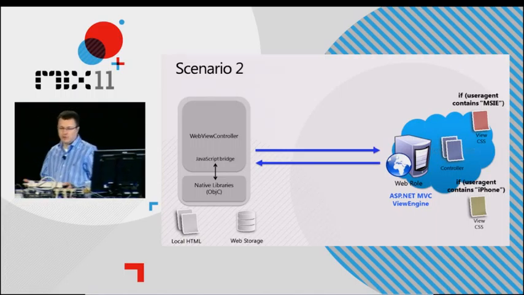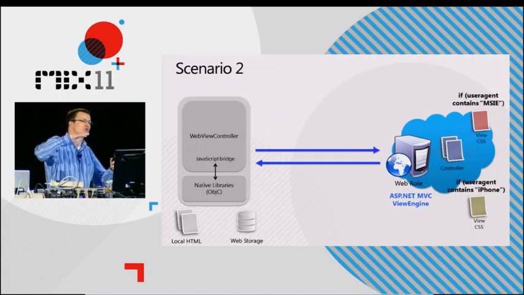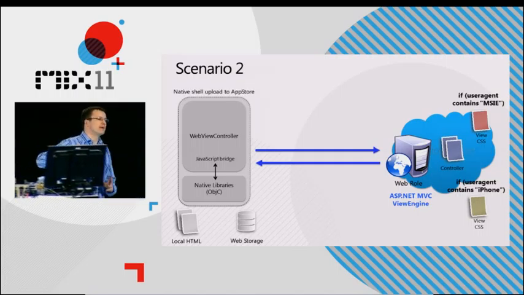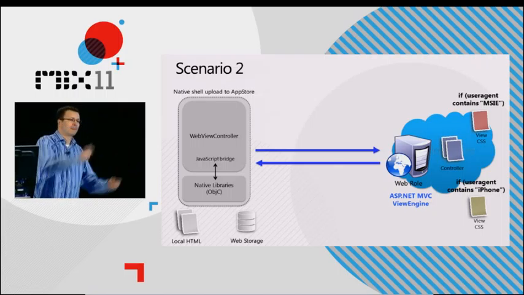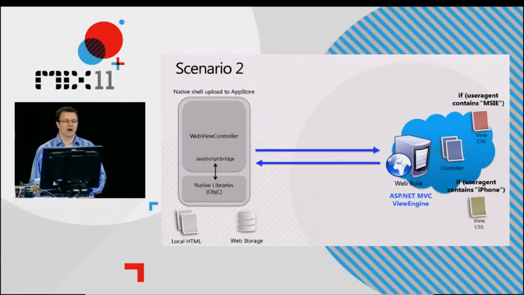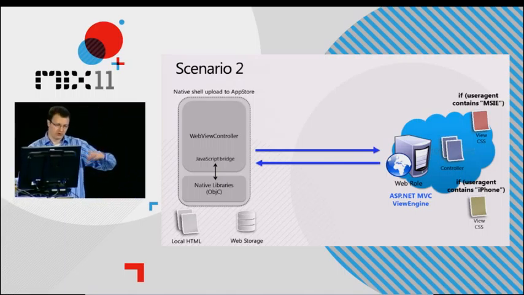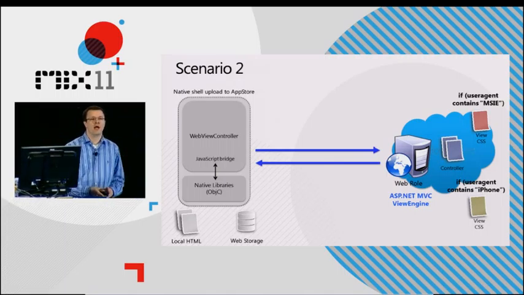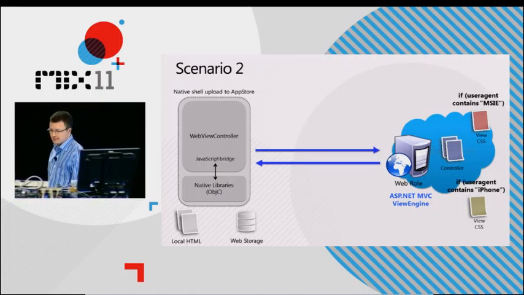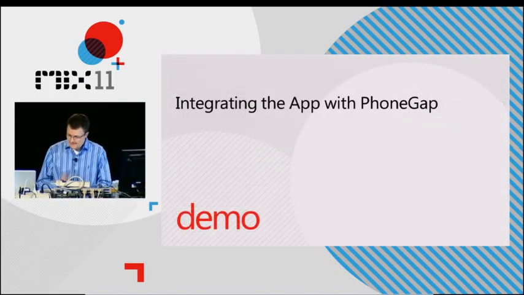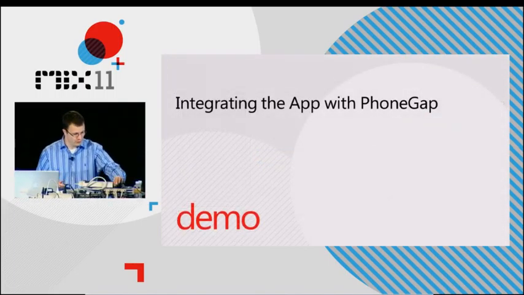And finally, the beauty of this is because this is running within a native wrapper, this native shell can be uploaded to the App Store. And yes, of course, you need to obviously deal with Apple's policy for what's allowed and not. But generally, there are quite a few apps using this model now since Apple's restrictions were lifted. So let's take a look at what this looks like through PhoneGap.